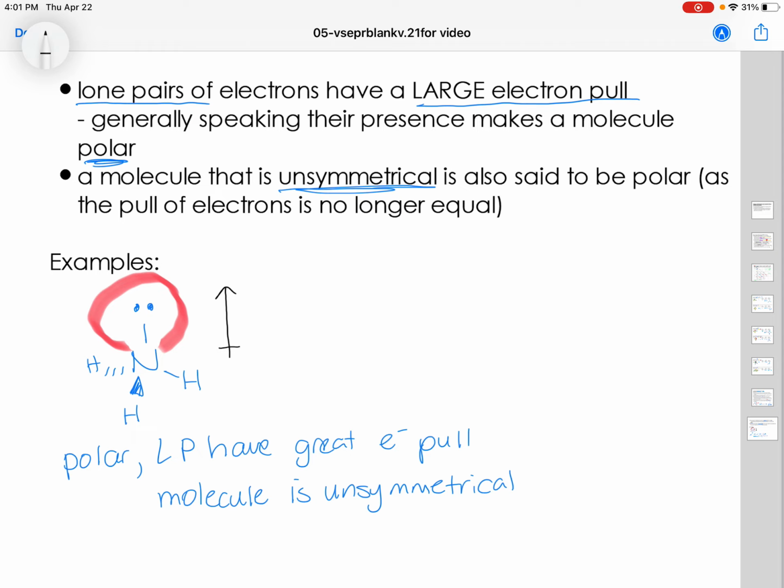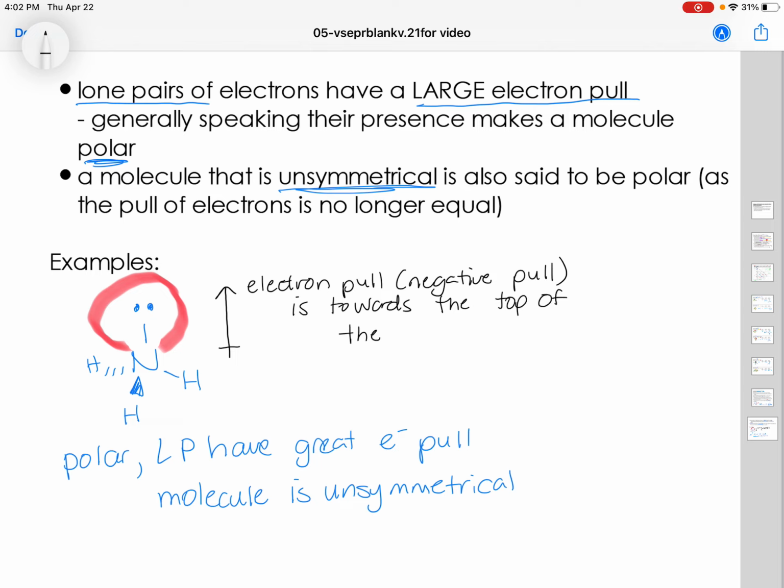So it's like the electron pull, or the negative pull, is towards the top of the molecule. That is certainly also a valid reason. However, that is not my expectation. But if you are a person who likes to watch Crash Course, Khan Academy, whatever, they might talk about dipole moments and the direction of electron pull and show it using this kind of weird arrow. That's fine too, or you can just be as brief as I was in the bottom.